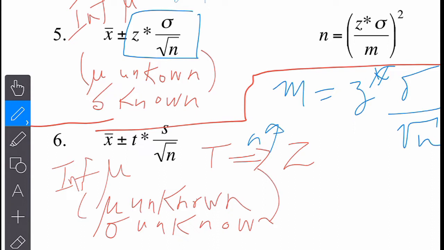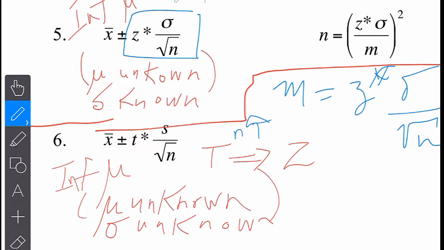Okay, so as n goes up, that looks weird. As n increases, t becomes z. Even though the sample size is going up, you have to look down the table because n is increasing as you go to the bottom of the table.